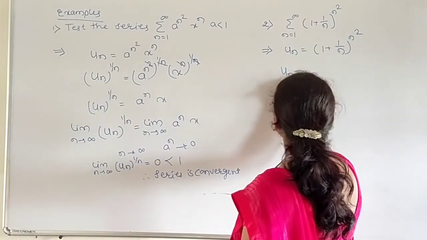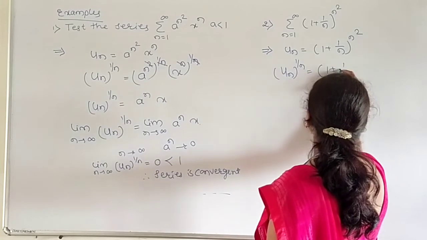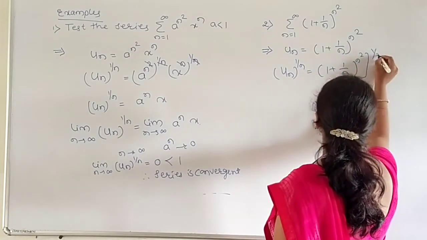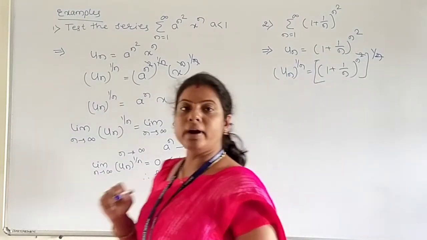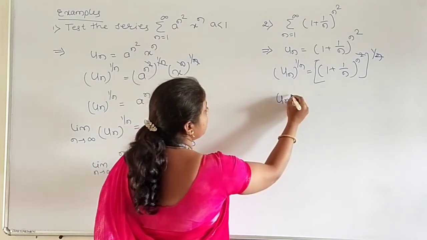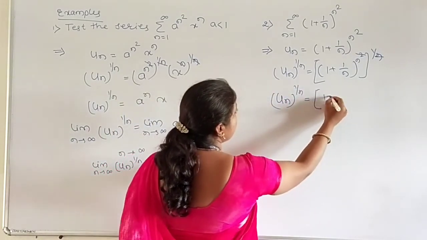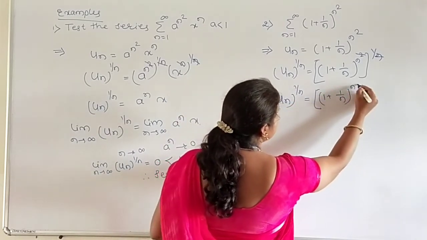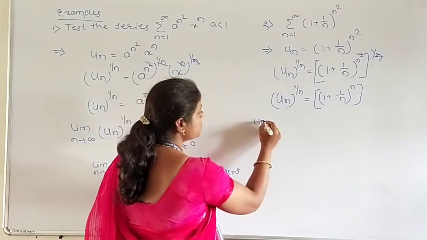Again, we take the power 1 by n on both sides: 1 plus 1 by n to the power n square to the power 1 by n. Again, one n term gets cancelled. Now un to the power 1 by n is 1 plus 1 by n to the power n.